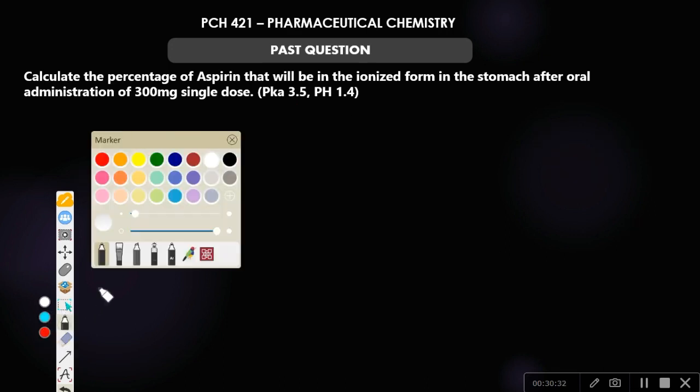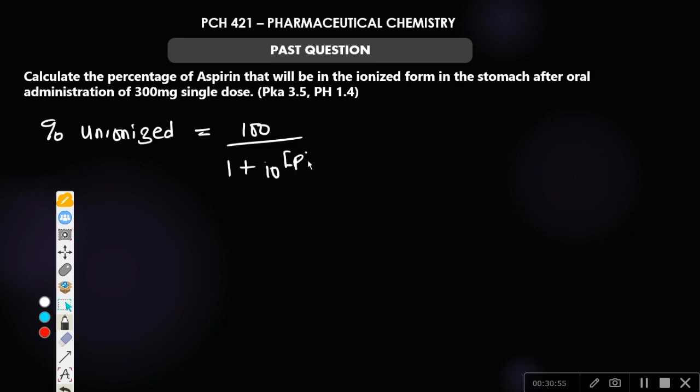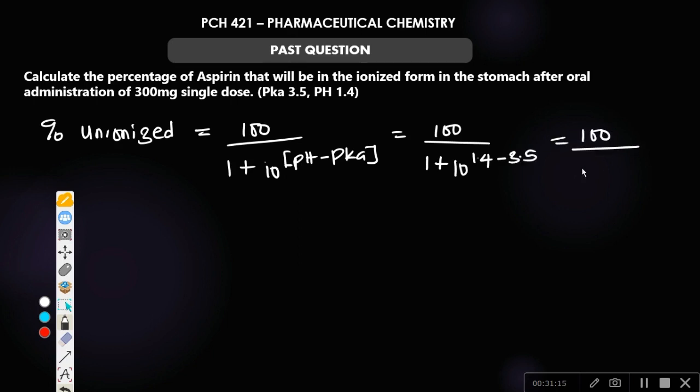From the formula, for HA drugs, to get the percentage unionized, the formula is, I'm just doing this, they didn't ask you to calculate it, but in case: unionized will be 100 divided by 1 plus 10 raised to the power of pH minus pKa, which equals 100 divided by 1 plus 10 raised to the power of 1.4 minus 3.5, which is 10 raised to the power of minus 2.1.